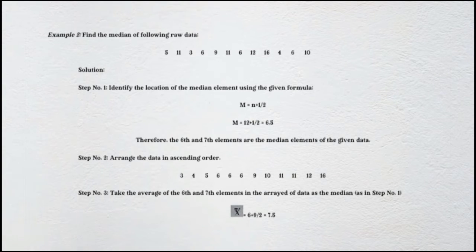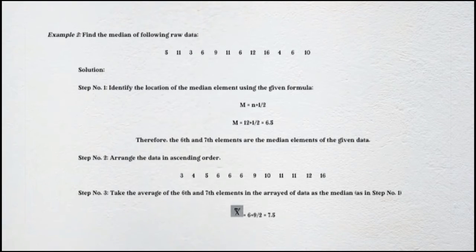Example number 2. Find the median of the following raw data: 5, 11, 3, 6, 9, 11, 6, 12, 16, 4, 6, 10. For the solution, identify the location of the median element using the given formula. So n plus 1 all over 2, then substitute n is equal to 12, 12 plus 1 all over 2 is equal to 6.5.